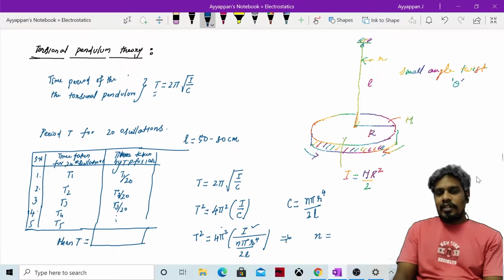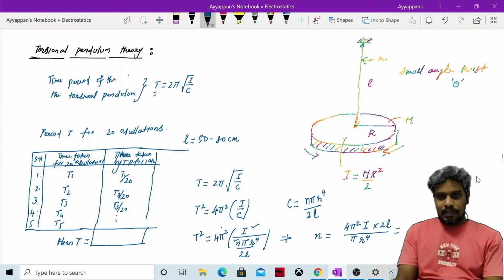Then n means the rigidity modulus of the wire, because we want to determine the rigidity modulus of the wire. Bringing it to this side, it goes to the numerator, then T squared goes to the denominator on the right-hand side. So n equals 4 pi squared times the moment of inertia of the disk, times 2L divided by pi r to the power 4.